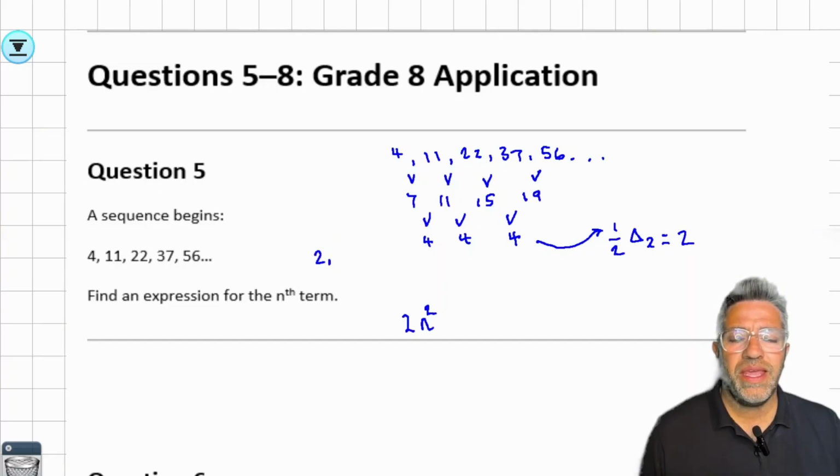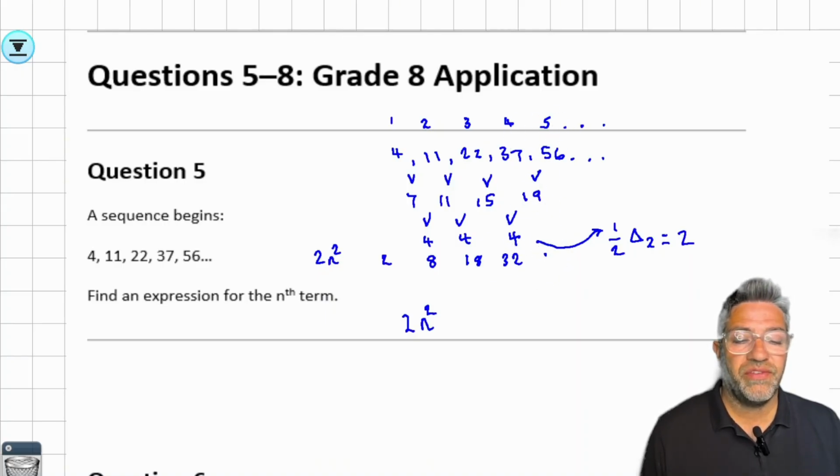Now, if we're beginning with 2n squared, let's actually work that out. Here, n is 1, n is 2, the third term, the fourth term, the fifth term, and so on. Well, 1 squared is 1. 1 times 2 gives us 2. 2 squared is 4. 4 times 2 is 8. 3 squared is 9. 2 nines are 18. 4 squared is 16. 16 times 2 is 32. 5 squared is 25.